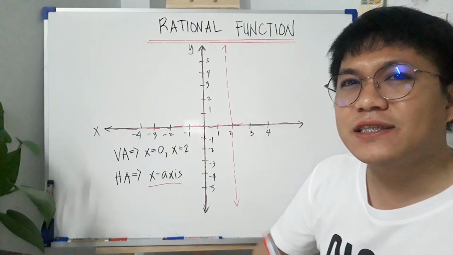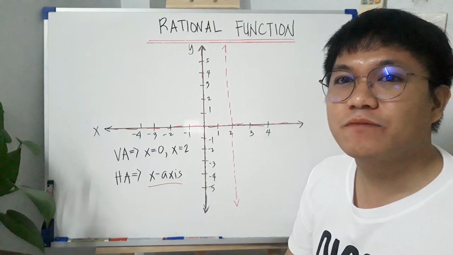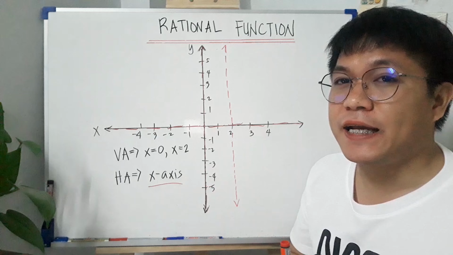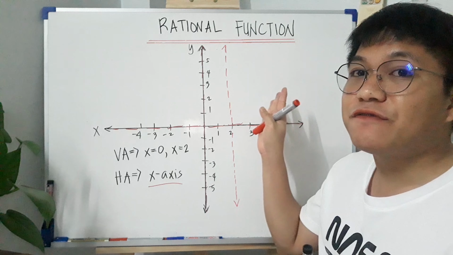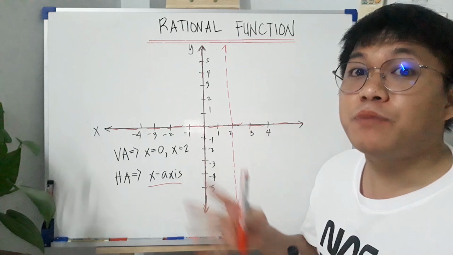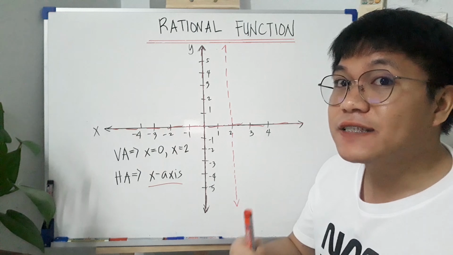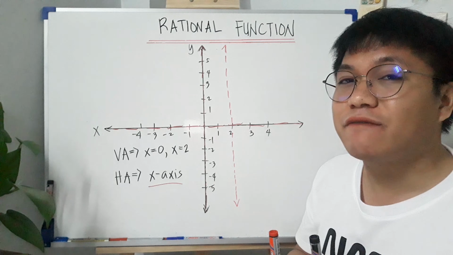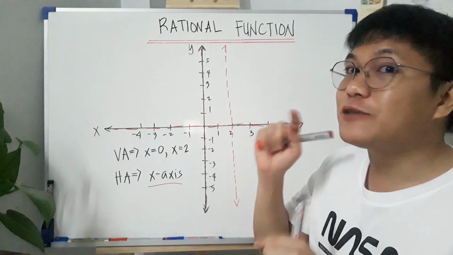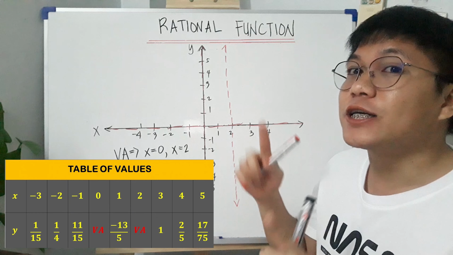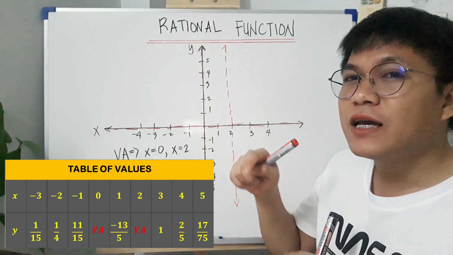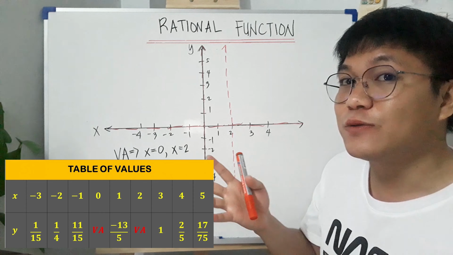Now, how does the graph of this rational function look like? There are three partitions in our Cartesian plane. One graph is on the right side of positive 2, another graph is on the left side of 0, and the other graph is in between 0 and positive 2. If you put the values from the table of values in our Cartesian plane, the graph of this rational function will look like this.